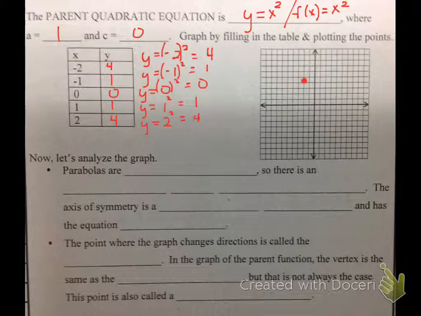Our next point was negative 1 over and 1 up. Next point was 0, 0. Our next point was 1 over, 1 up. And our last point was 2 over, 4 up. So there's our dots. Let's go ahead and create our parabola. And it looks something like that.